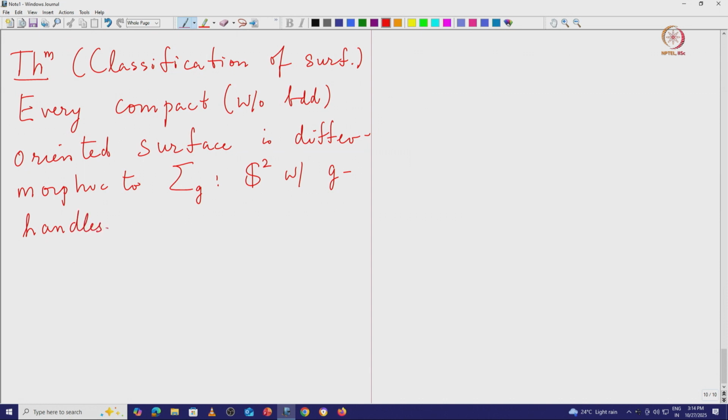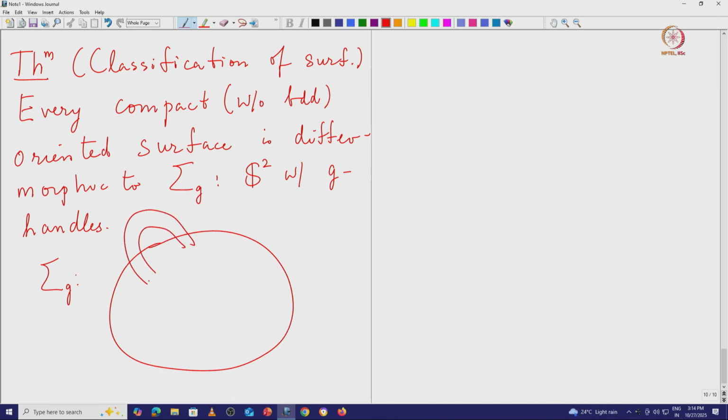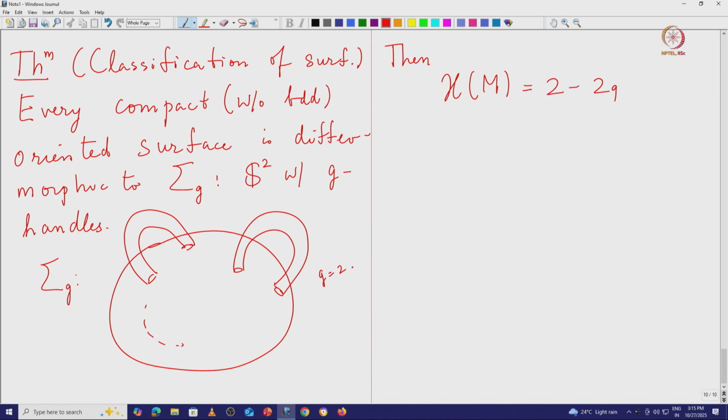So, you can imagine a cup with g handles instead of just one. So, in general this sigma g looks like this, and so on. So there are g of them, okay. So this is an example where g is 2, and in fact then this Euler characteristic is simply given by 2 minus 2g, okay.